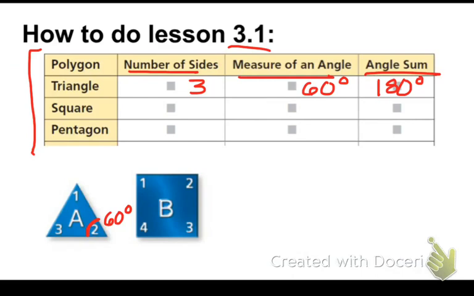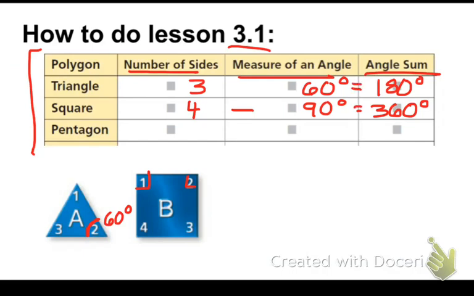And this is a regular quadrilateral, also called a square. If I take all of its angles, there are 4 of them, 90 degrees in each one. And 4 times 90 gives me 360 degrees.